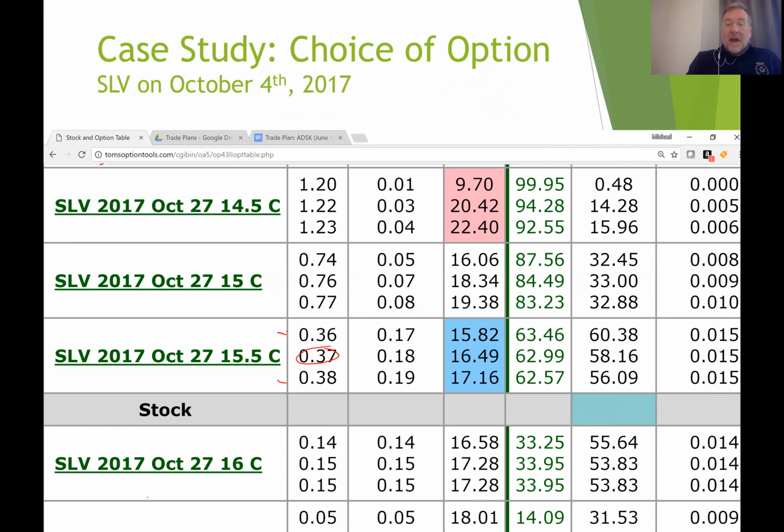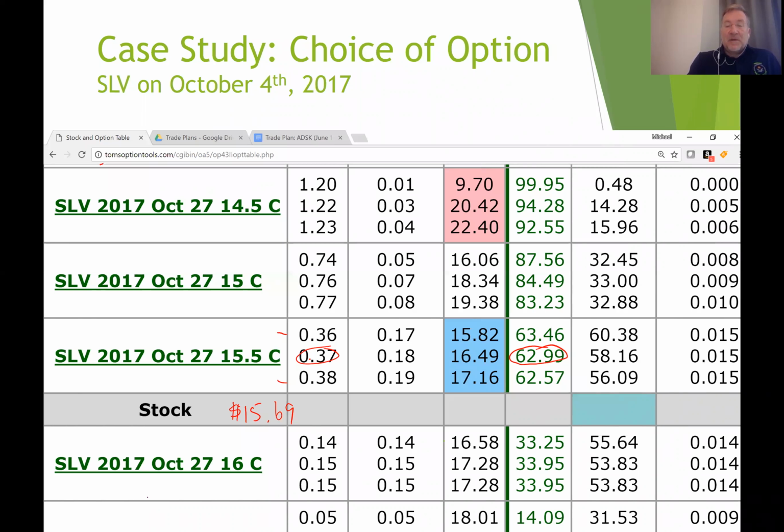We have the delta right here. This is the only thing I'm looking at. The stock, as we remember, was 1569. So I want to go in at the money option that's going to give me the best bang for the buck.